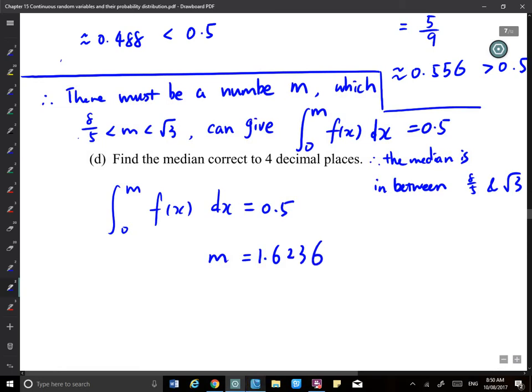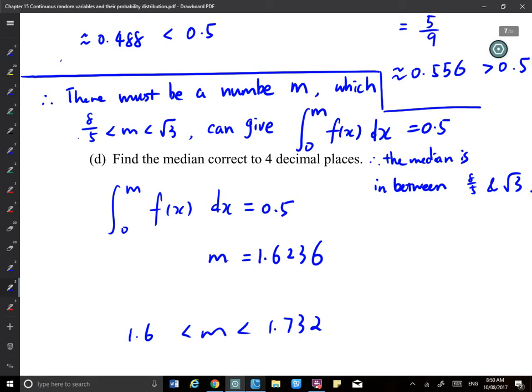And that is actually the number in between 1.6 and 1.732. You see that? You must get a number in between that, otherwise it's wrong. So we can double check, do we have the correct value? And that's the correct value, it is in between those 2 numbers.